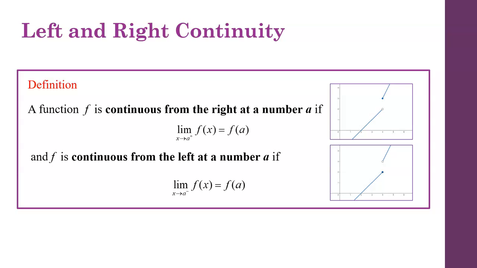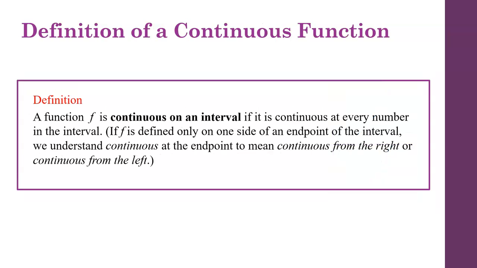So far we've been looking at continuity at a specific point when x goes to a, right? So next we're going to define what it means for a function to be continuous, period. So we say a function is continuous on an interval if it is continuous at every point in that interval, right?